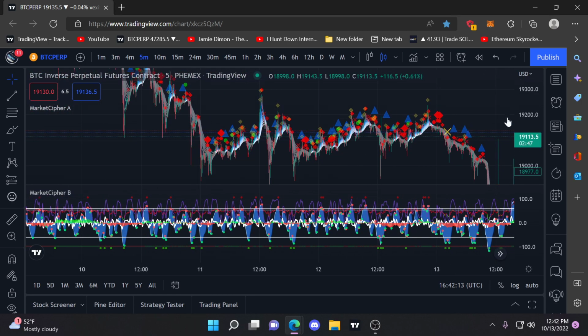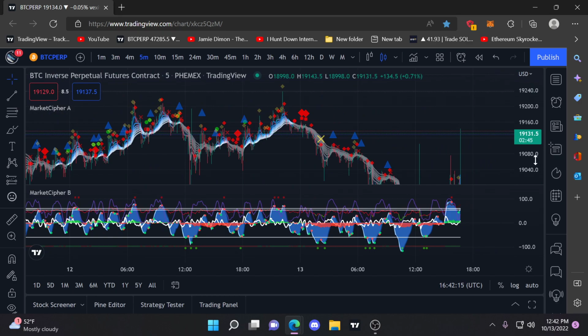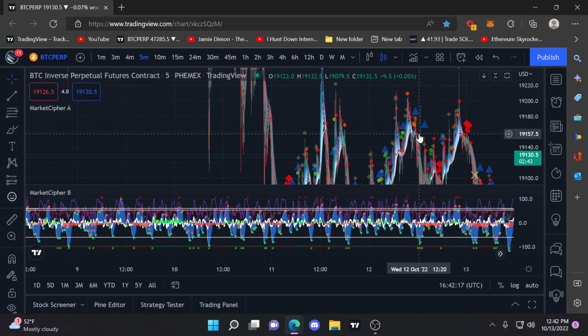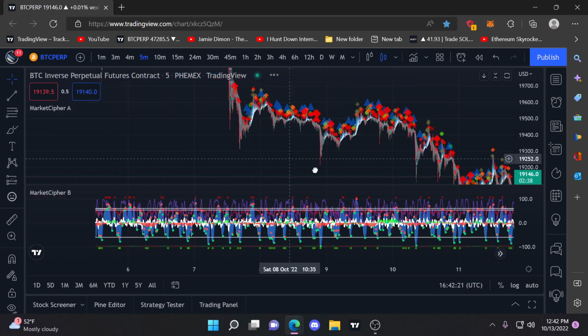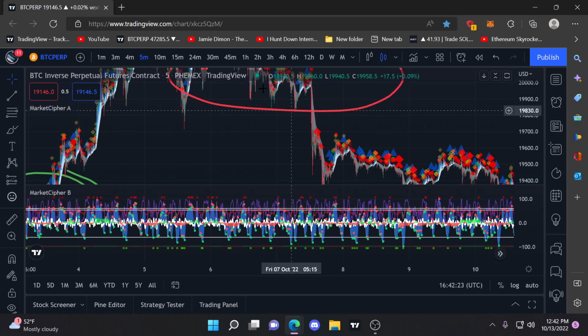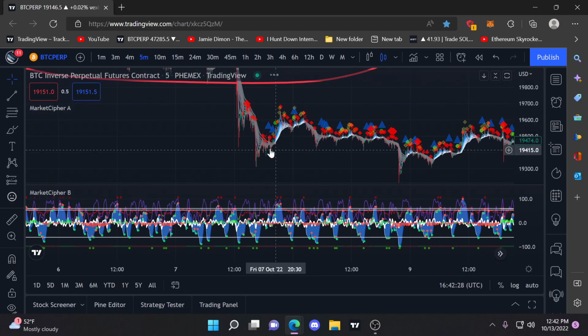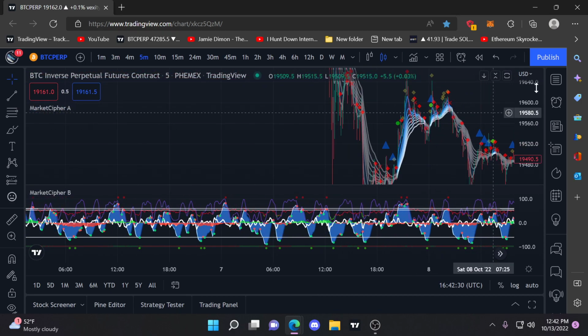So this entire time here, I'm going to be looking for falling wedges. Since up about here, I've been looking for just rising wedges to short. So right here's one.